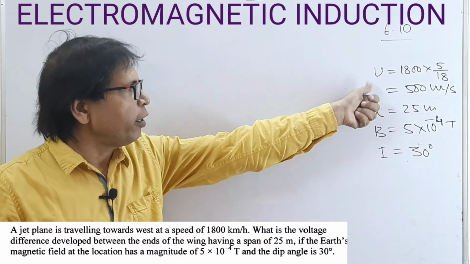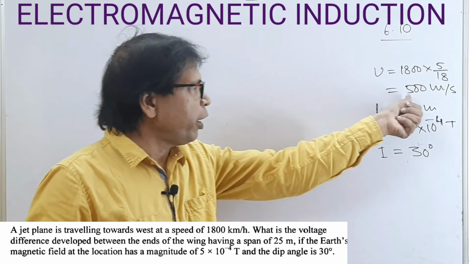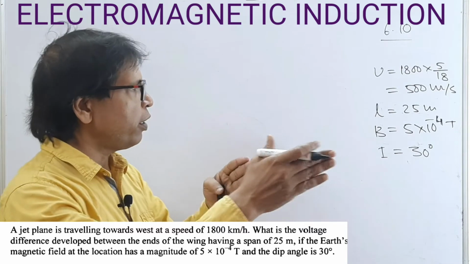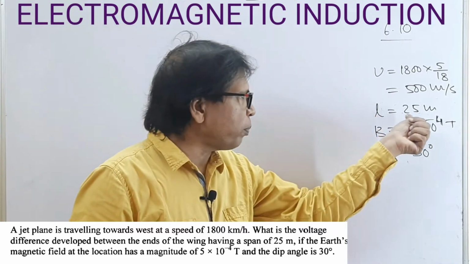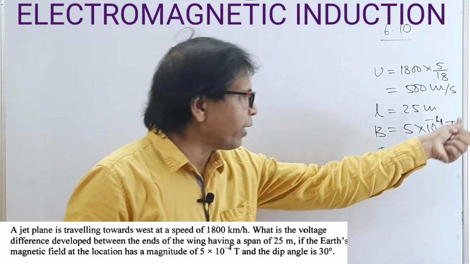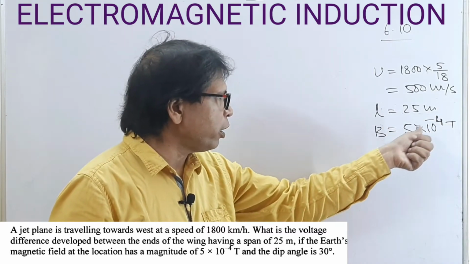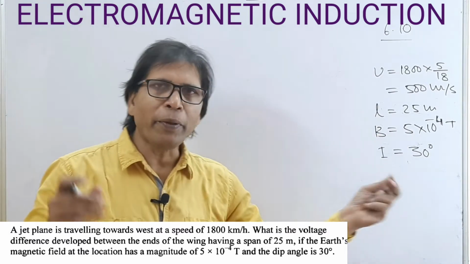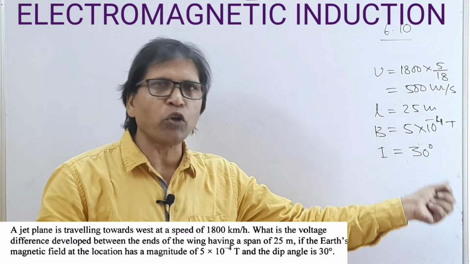Look at this. A jet plane moving with velocity 500 meter per second towards west. The length of the wings of the jet plane is 25 meter. The total magnetic field is given, and the angle of dip is also given.